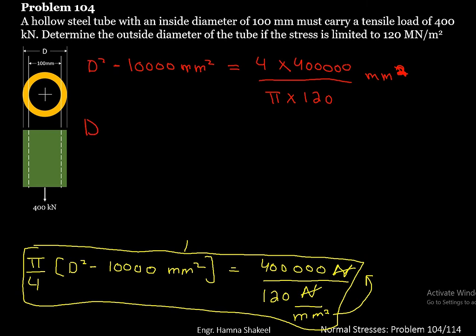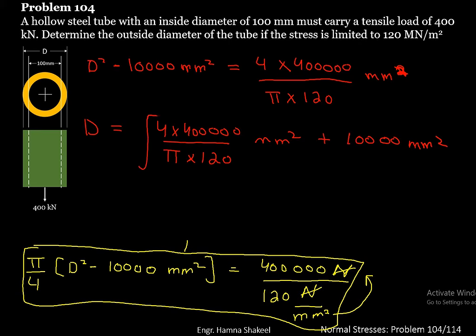So this equation will become, further rearranging it, D will become the expression shown. Plug in this equation in the calculator, and the value of capital D will come out to be 119.35 millimeter.